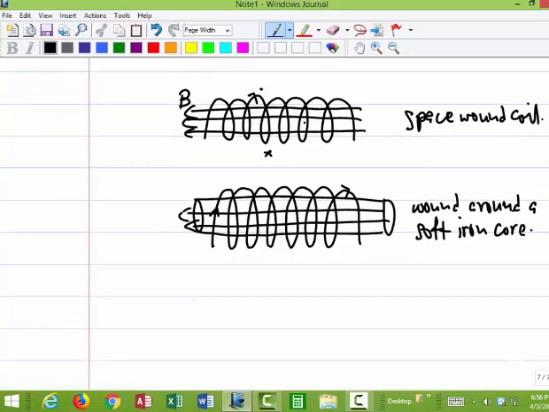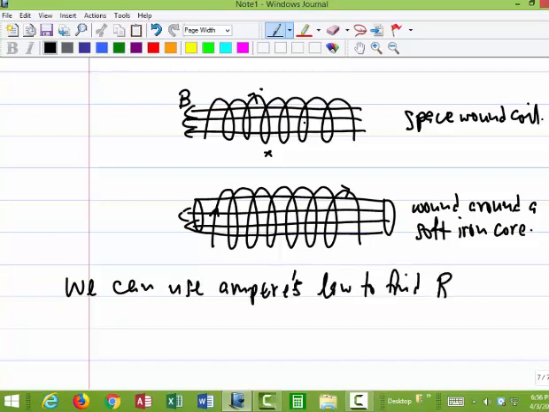We can use Ampere's law to find B inside the solenoid. The current is certainly, let's just take I to be the current.